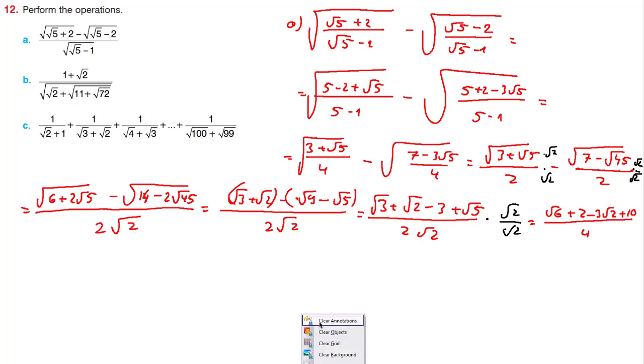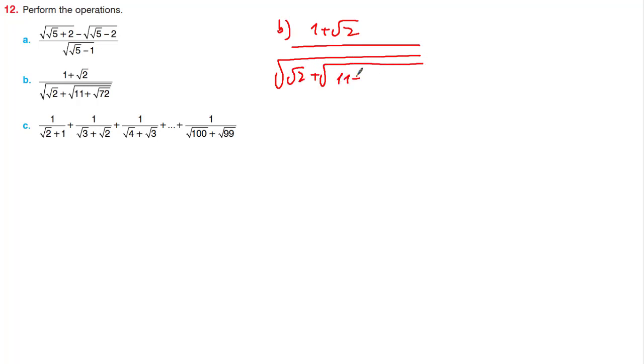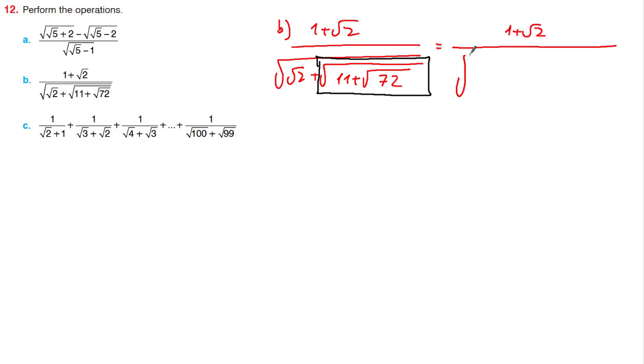Let's continue under B. Under B we have 1 plus root of 2 over this whole square root of 2 plus square root of 11 plus square root of 72. If you pay attention, we can perform some operations inside this part. So inside this rectangle here, I'm copying everything else except that innermost part.